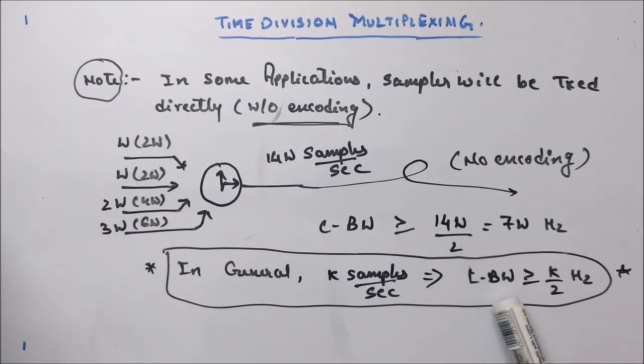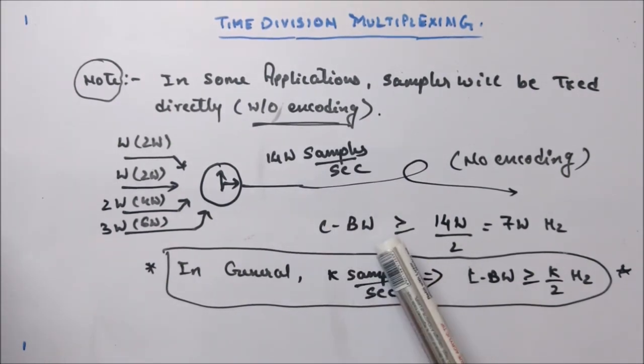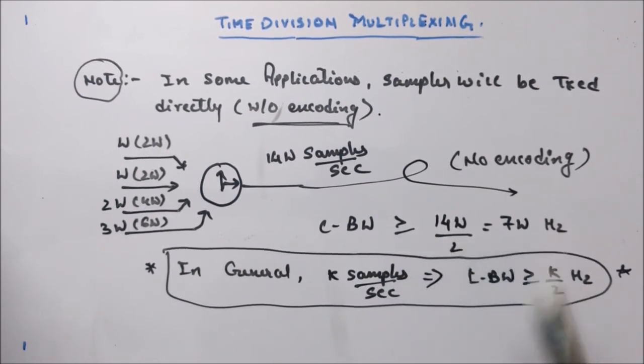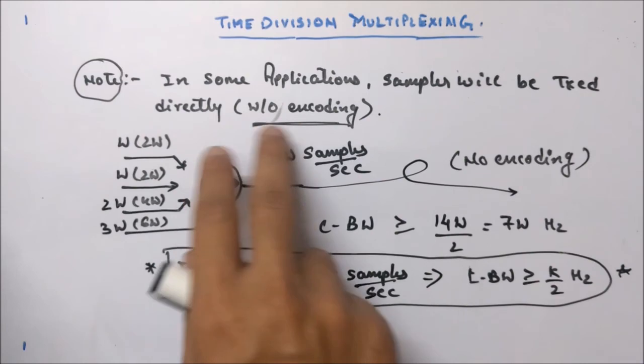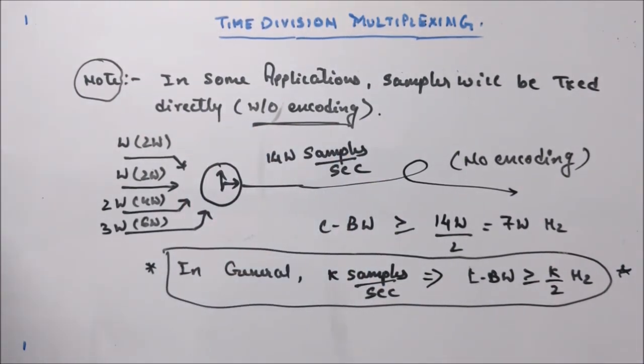That will be the minimum channel bandwidth required, and you can have more than this as well, but you will obviously go for the minimum one, that is equal to 7W or k by 2. So that is the case of no encoding. If you have some other material where you can find the proof of this, then it's good. I don't know it, I just wanted to mention it. Maybe it will be useful to you somewhere.